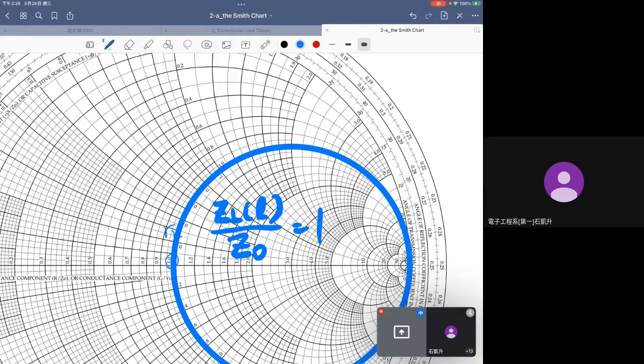If the transmission line is 50 ohm, all of the ZL here is 50 ohm.